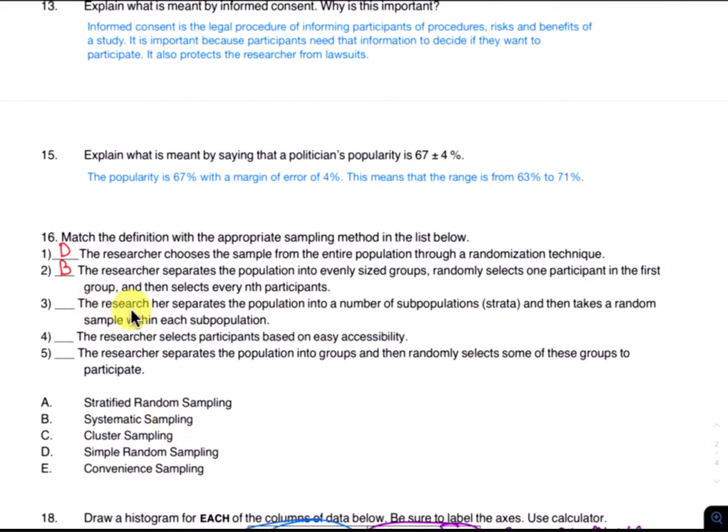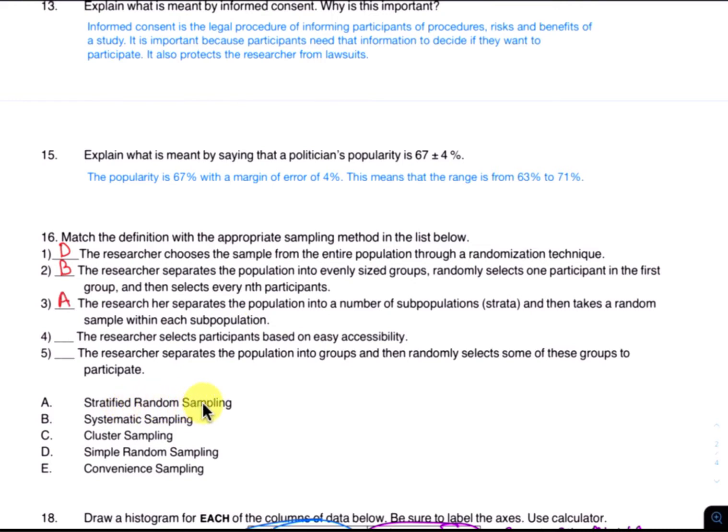Number 3, the researcher separates the population into a number of subpopulations called strata, and then takes a random sample within each subpopulation. That is going to be stratified random sampling.